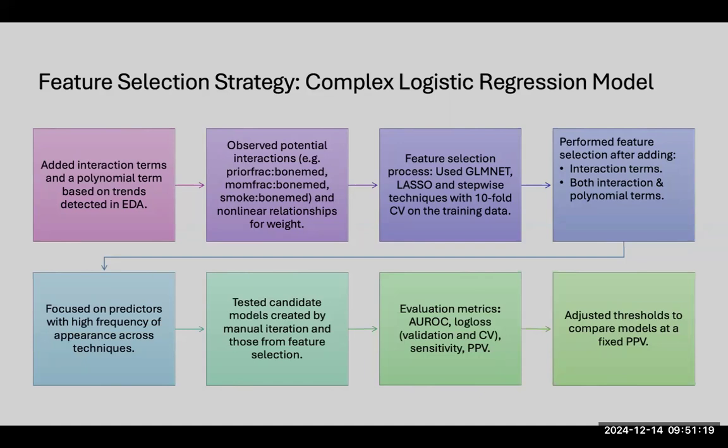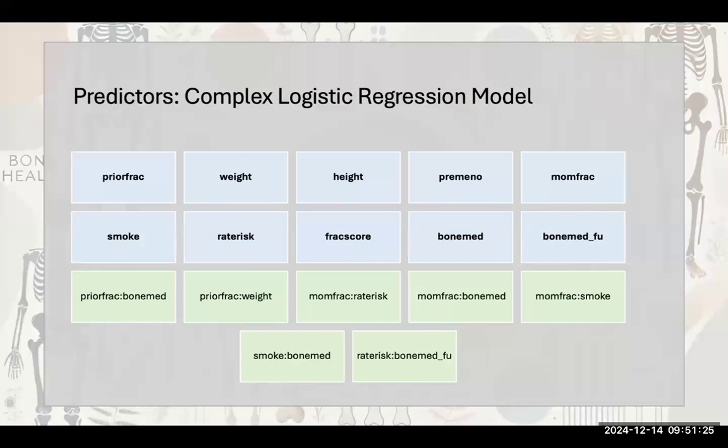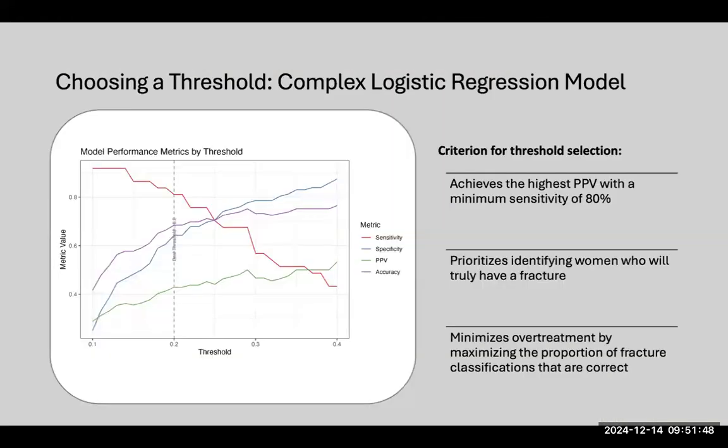And I adjusted thresholds to compare models at a fixed PPV, as I did before. So these are the variables that ended up in the model. Many of them are similar to the variables in the Objective 1 interpretation model. And there are some additional interaction variables included, including with prior fracture, mom's history of fracture, and the bone med variables, among others.